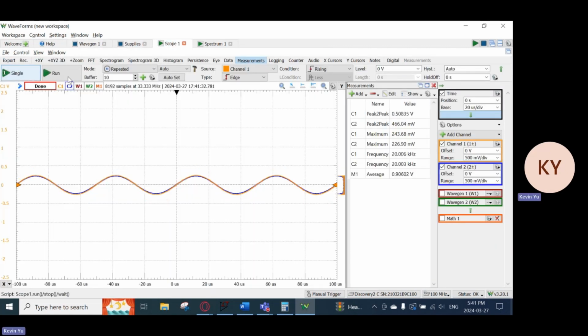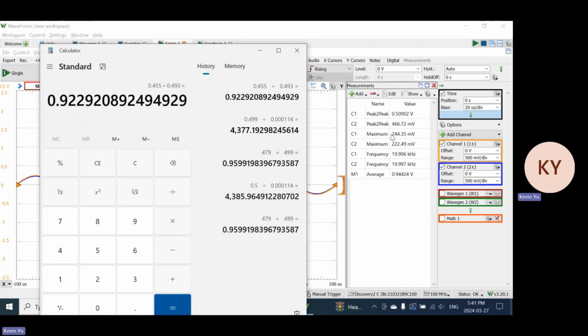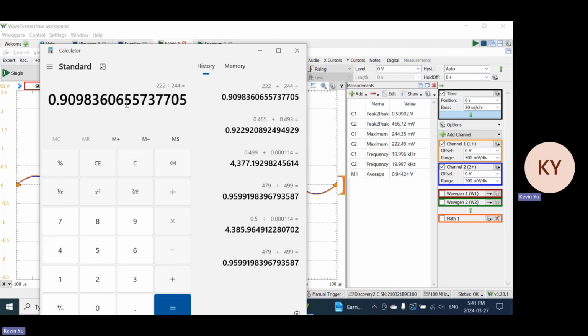I'm going to do a run. And as you can see here, the gain is still around 0.9, sorry. But if you really wanted to calculate it, you take the maximums and then you divide them, and you see that the gain is around 0.9, right?